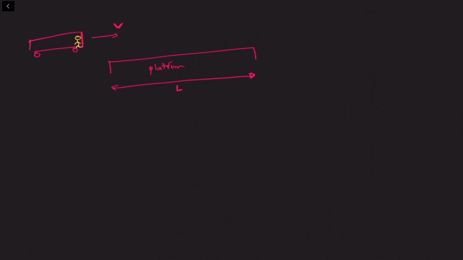And let's suppose as they pass the platform, they will note the time on their clock. And when they reach the other end of the platform, they will note the time on their clock.